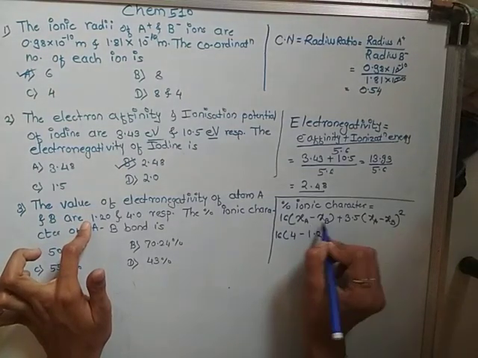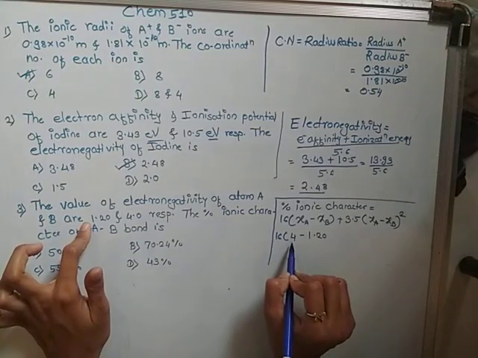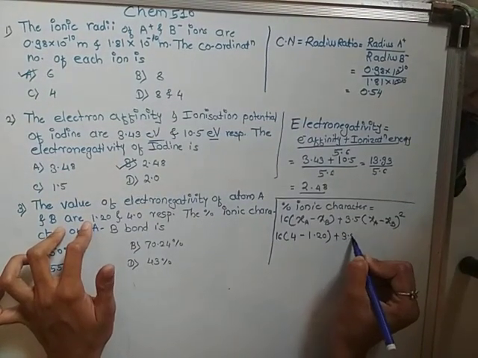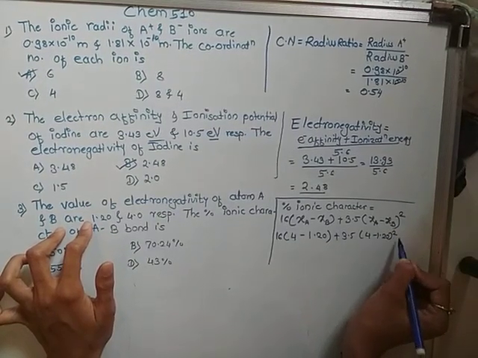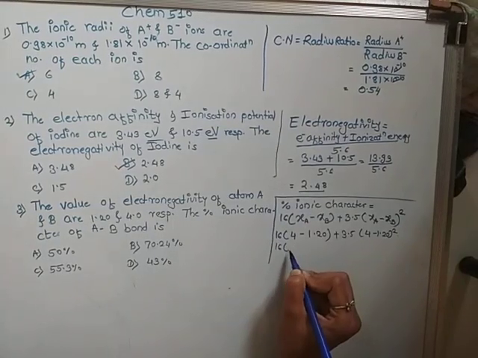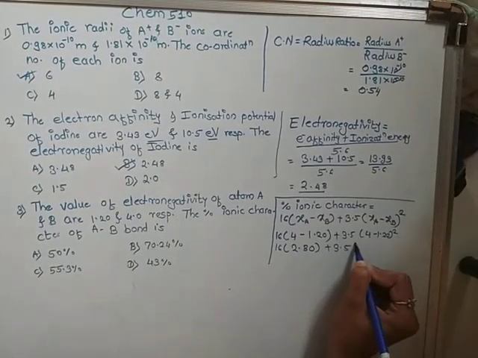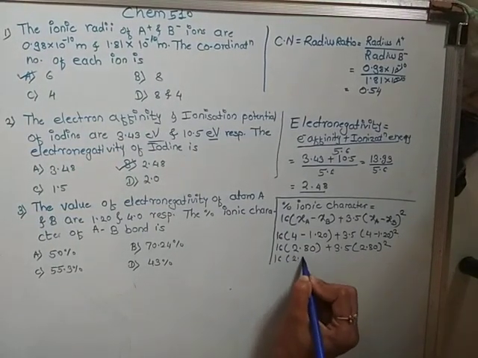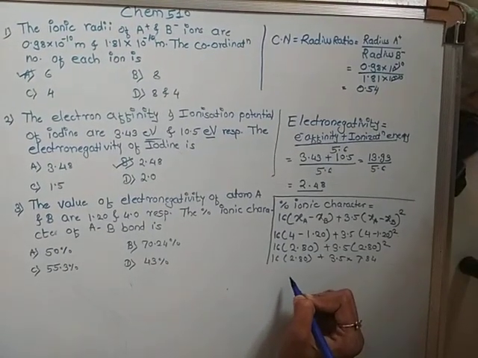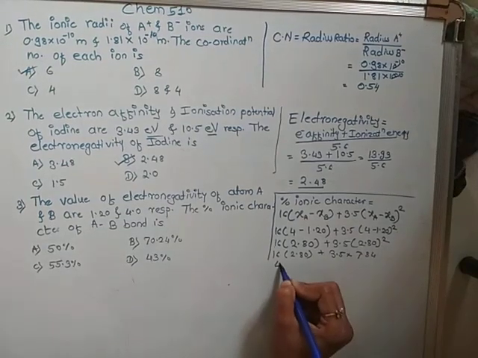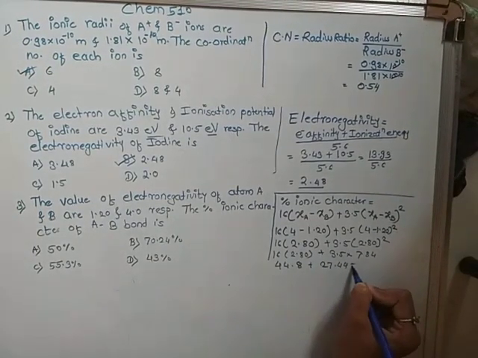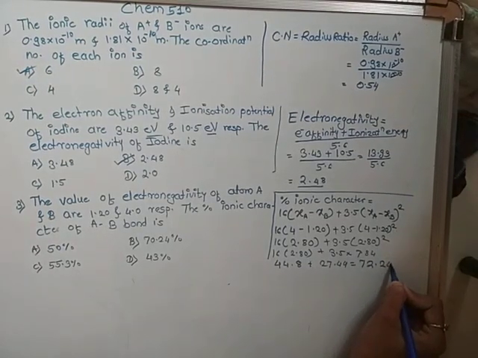XA and XB are the difference between A and B. Here the value of B is greater, so I take 4 here, then 3.5 into 4 minus 1.2 whole square. 16 into 2.80 plus 3.5 into 2.80 bracket square. 16 into 2.80 plus 3.5 into 7.84. Now 44.8 plus 27.44 is equal to 72.24%.